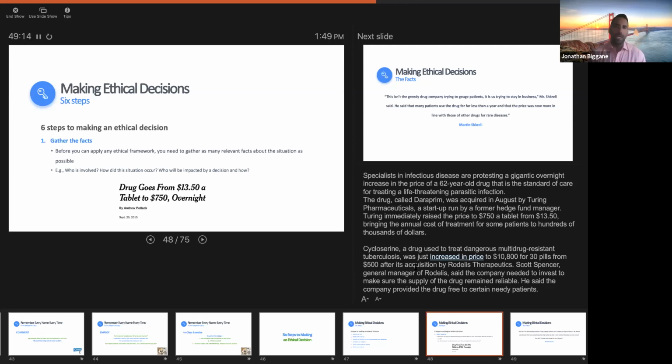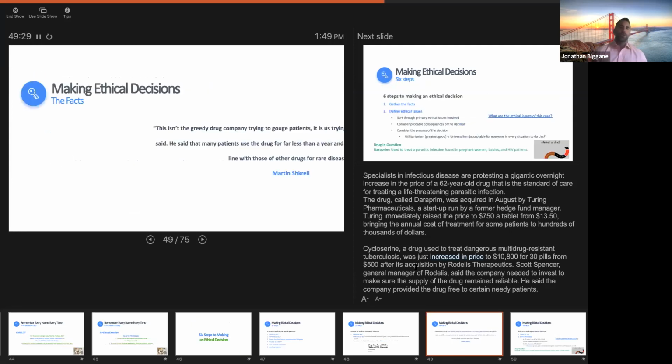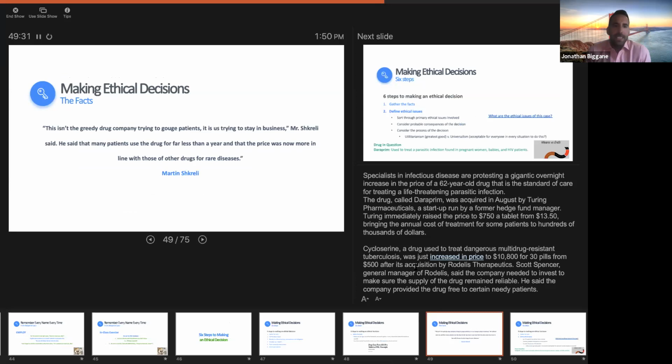So imagine you wake up tomorrow, you get this drug that you need to take to survive, and someone just raised it to hundreds of thousands of dollars. I think most of us would be pretty upset about this situation. So what did Martin Shkreli say? He said, "This isn't the greedy drug company trying to gouge patients. It is us trying to stay in business."